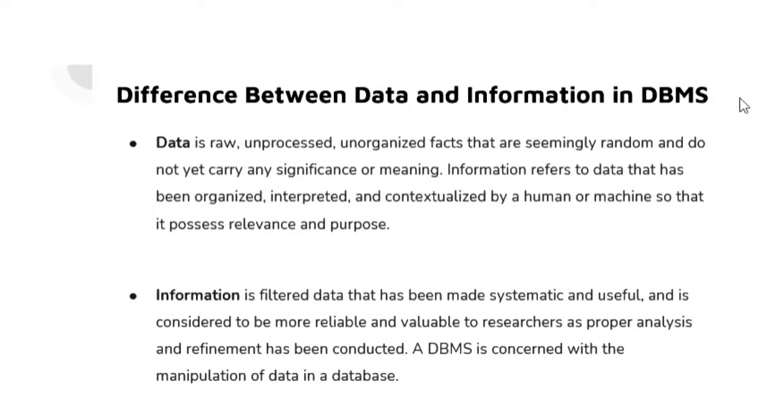It can be interpreted and conceptualized by humans or machines so that it possesses some kind of relevance and carries a purpose. Information is filtered data that has been systematic and useful and is considered to be more reliable and valuable to researchers as it gives them proper analysis. A DBMS is concerned with the manipulation of data in a database.